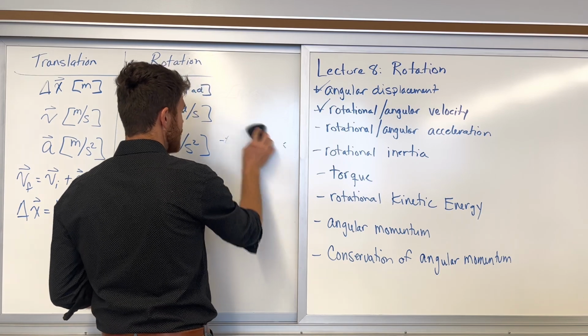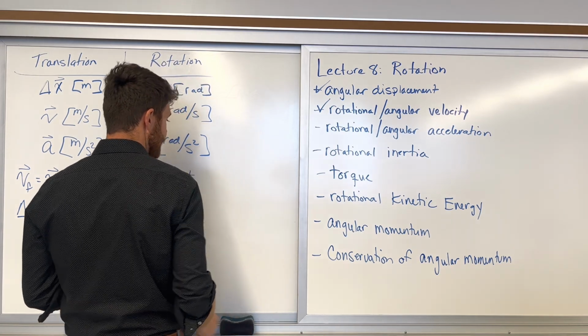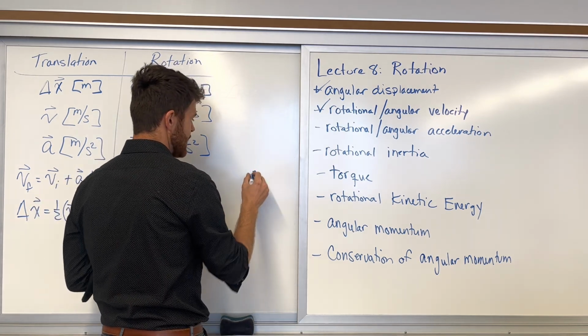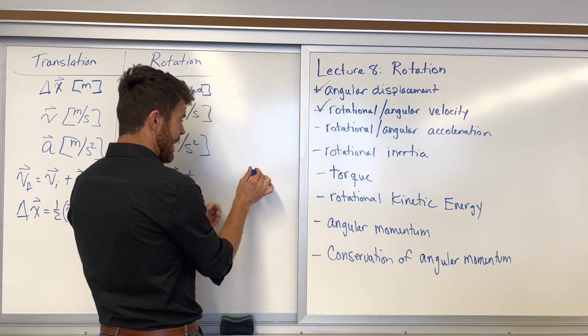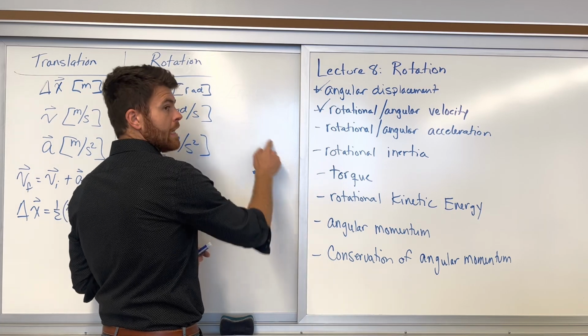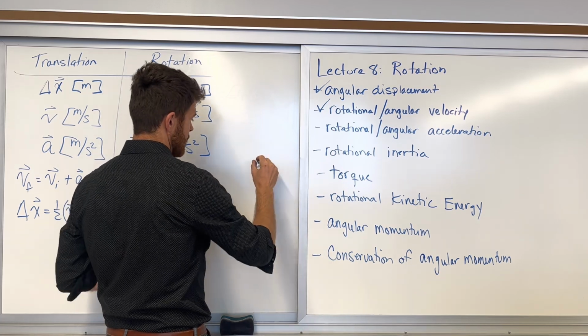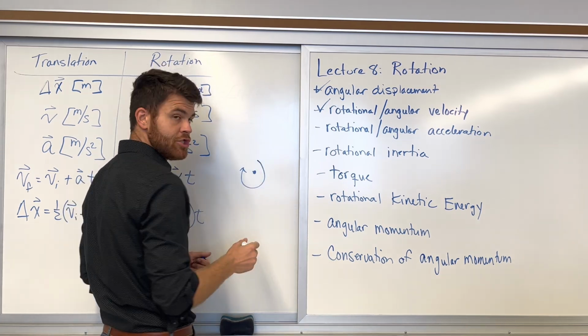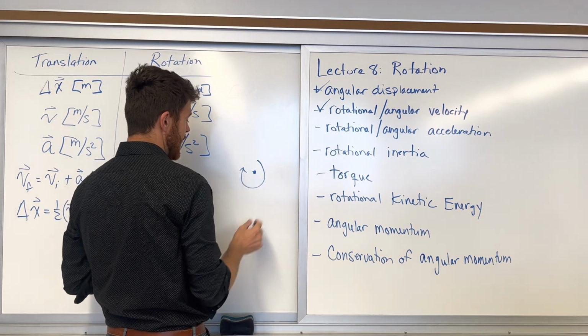Now, it's generally the convention, so if this is a rotation axis, so if something is rotating about this line, going into and out of the board, if it rotates clockwise, that's generally considered to be negative.